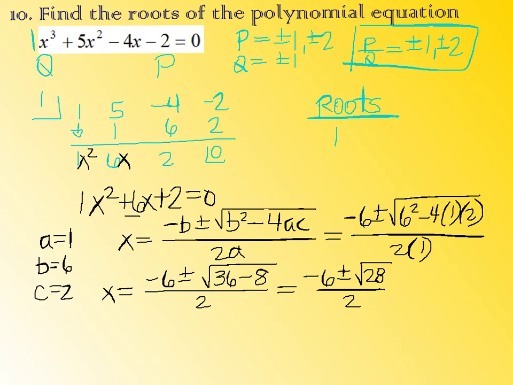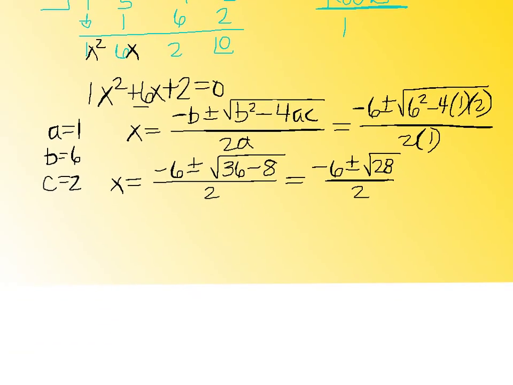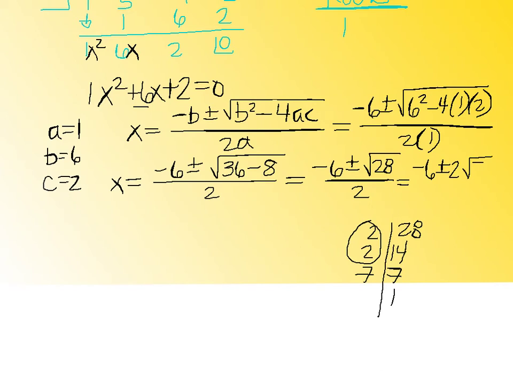Now 28, we need to break it down. If we use the border method, 2 goes into 28 14 times, 2 goes into 14 7 times, 7 goes into 7 1 time. So we have a pair of 2's, so 2 comes out, so I have negative 6 plus or minus 2, and the 7 stays home, since it's not in a group, and this is all over 2.